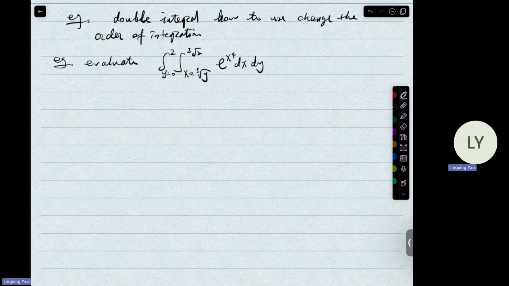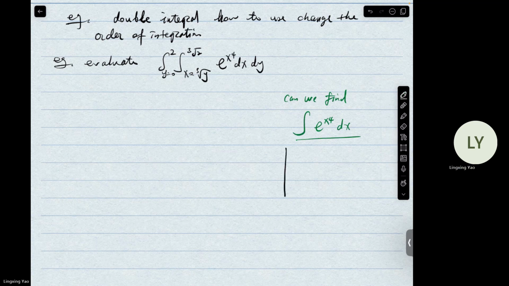Well, if we keep using this order of integration, we would need to find the antiderivative of this. Well, it's not so clear how we can do that.